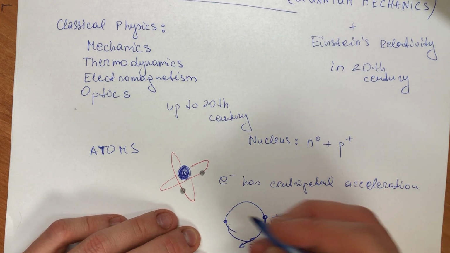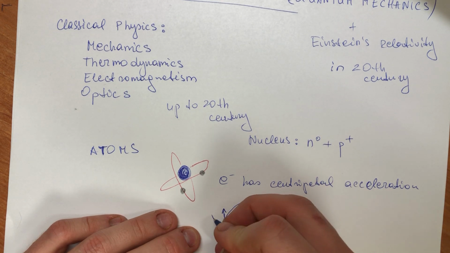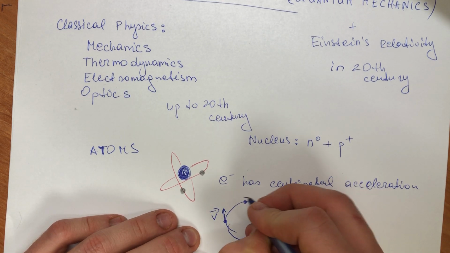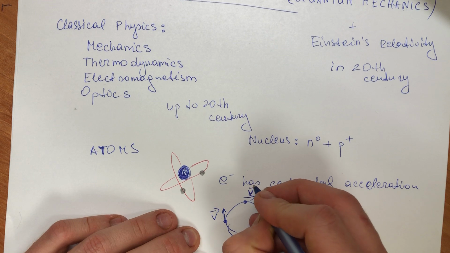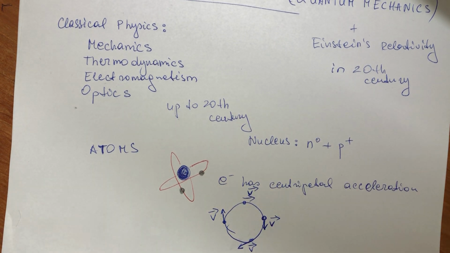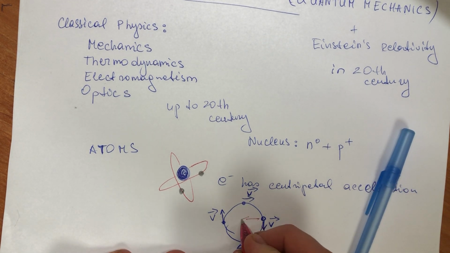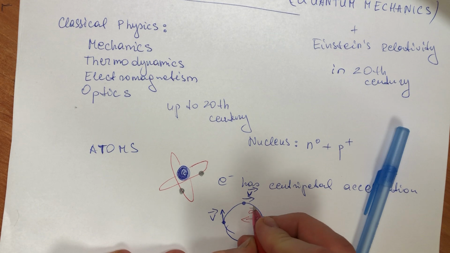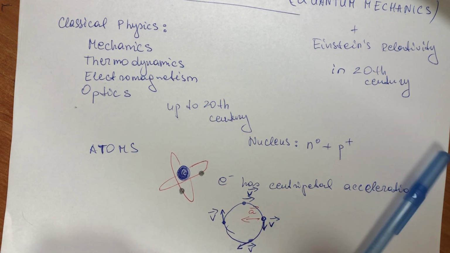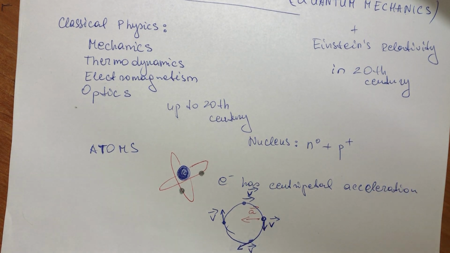Although this object is moving at constant speed, the direction changes. So its velocity changes, and this velocity changes due to centripetal acceleration.